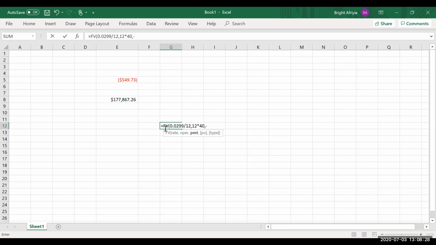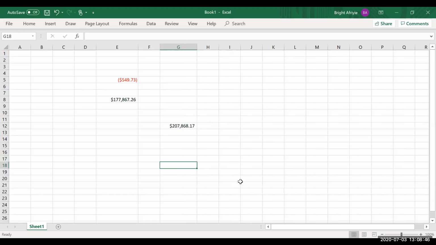Minus, now if we put Celeste's contribution together with her company's, that should give us a total of 225, and then you close the parentheses, and that gives you how much will be in the account at the end of the 40 years. Is this the same as what you have right there? The FV function typically is used to estimate how much will be in the account, knowing the interest and how long the investment is done.